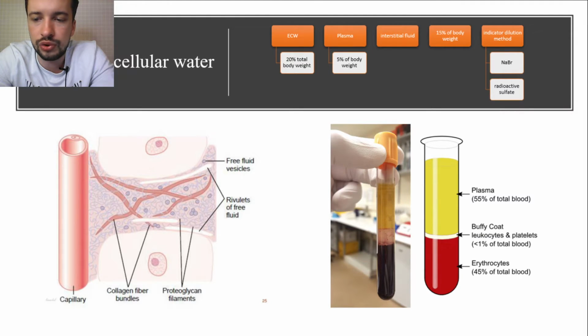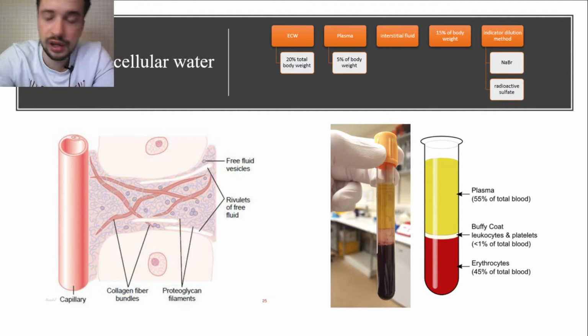The extracellular water composes 20% of the total body weight and is divided between plasma, which is like 5% of body weight, and interstitial fluid, which is 15% of body weight. ECF is measured using indicator dilution methods. The distribution volume of sodium, bromide, and radioactive sulfate have been used to measure ECF in clinical research.